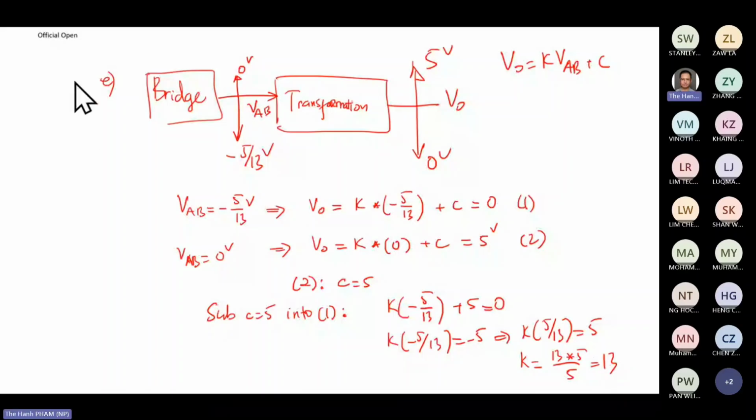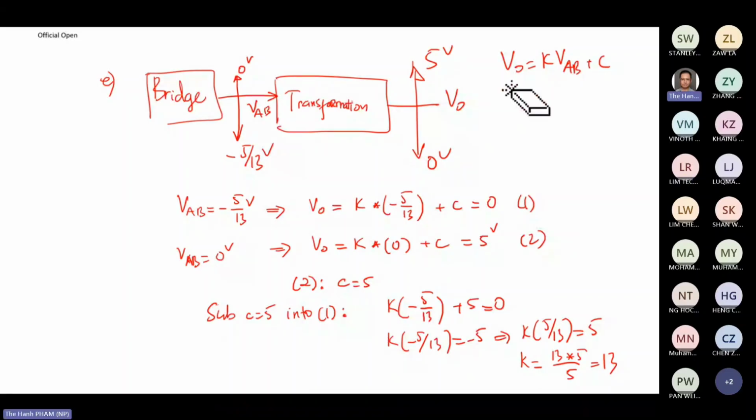Now you take a look. Any part you don't understand, let me know. So you're trying to map 0 to minus 5 over 13 to 0 to 5, using a straight line equation, right? Yes, one is a straight line.